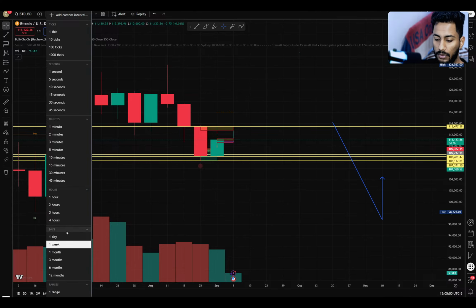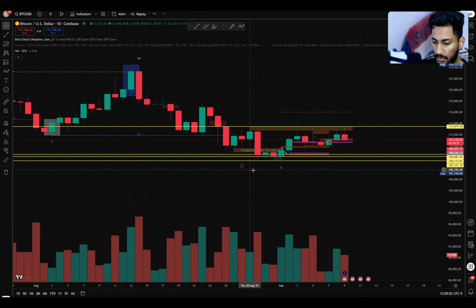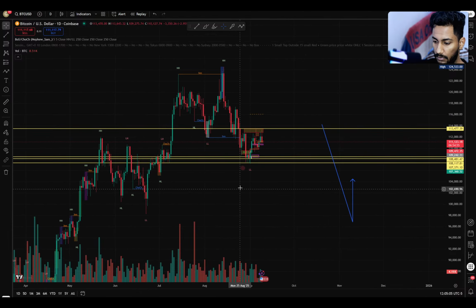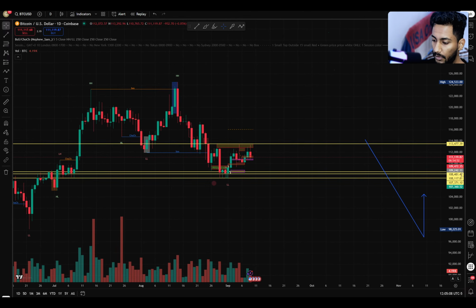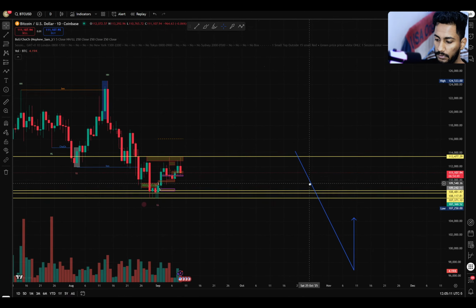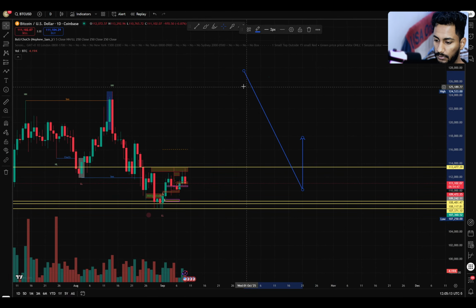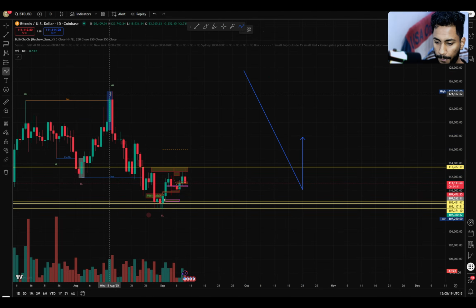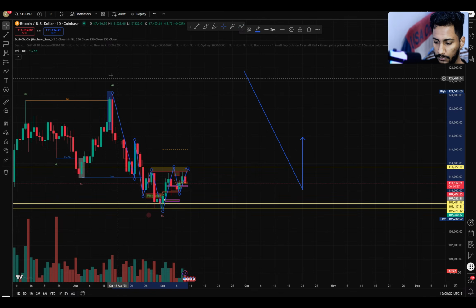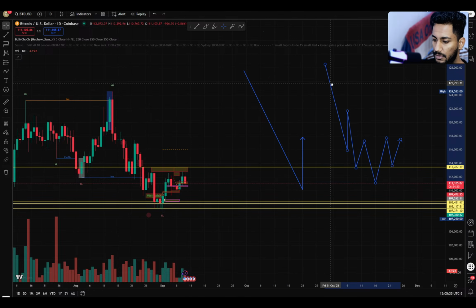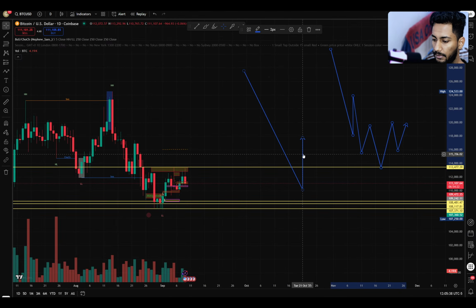So we will go to a day time frame now. This is the trend for the day, and this is weekly.